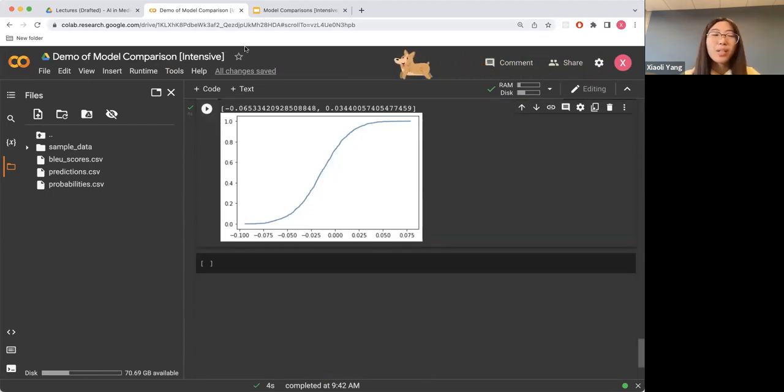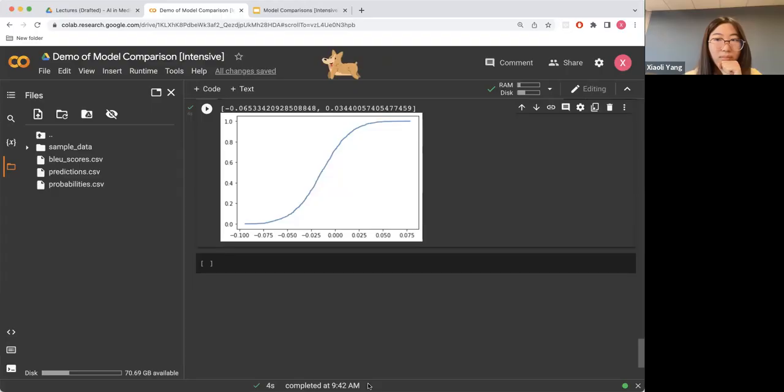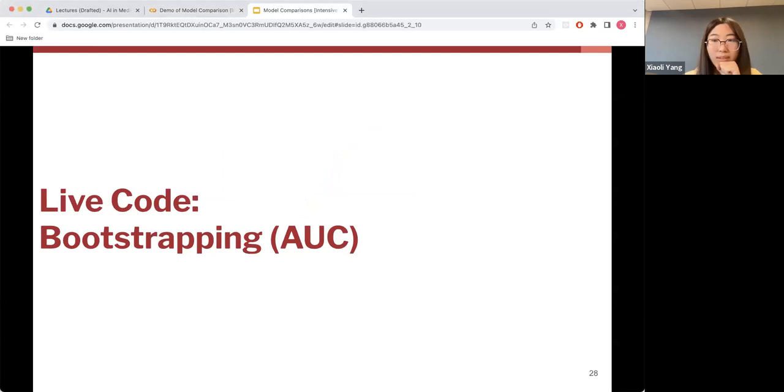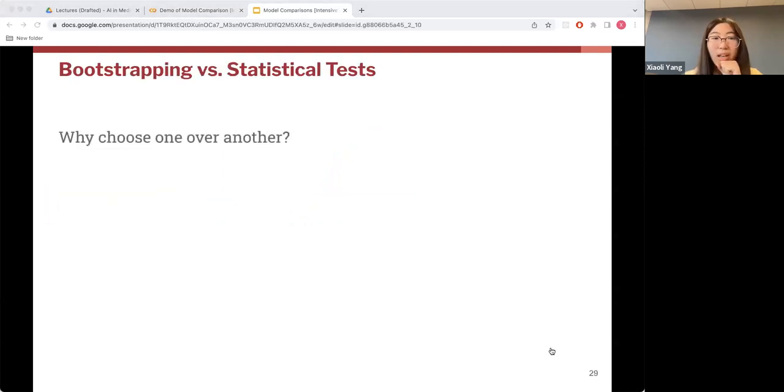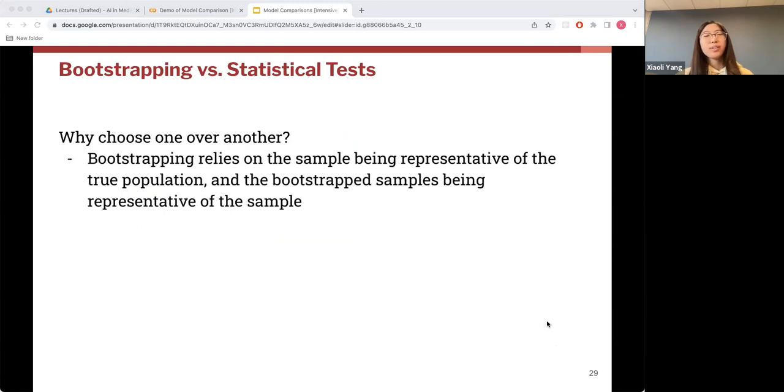Okay, so let's quickly go back and summarize. Final comment. So now we have studied statistical tests and bootstrapping, and it seems that bootstrapping is always superior to statistical tests because it can deal with non-normality and it does not have to assume a distribution of the variables.